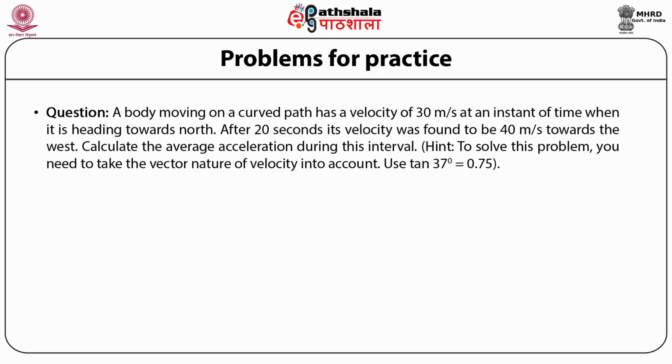To solve this problem, you have to use the equations of motion and find out not only the magnitude of the resultant acceleration, but also in which direction the body is moving. So the correct answer is 2.5 meter per second square in a direction which is 37 degrees south of the west. So you have to use the three equations of motion to find out the answer and try to see if your answer matches with this.